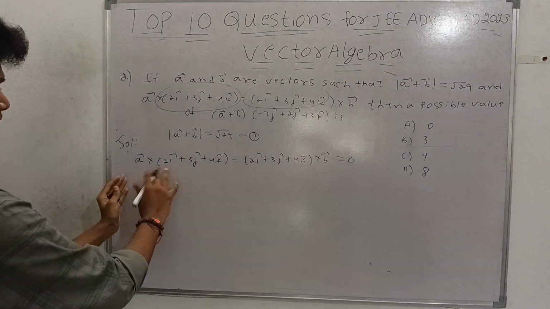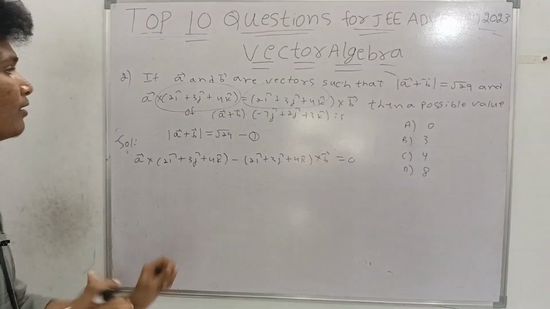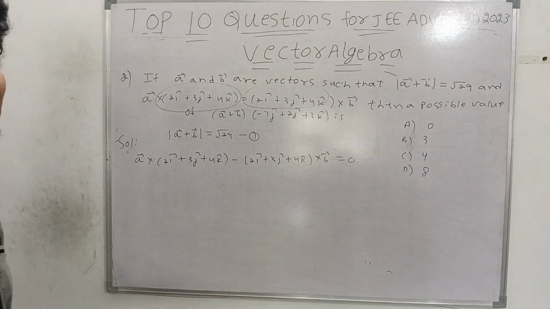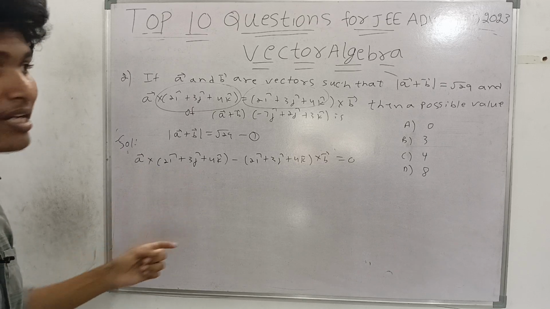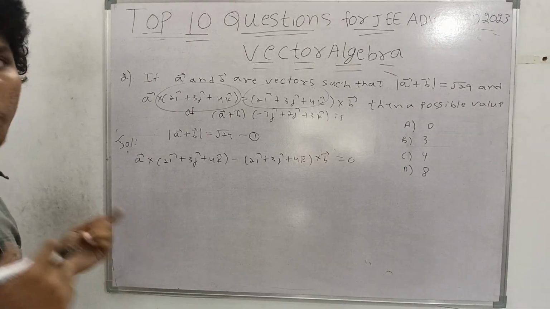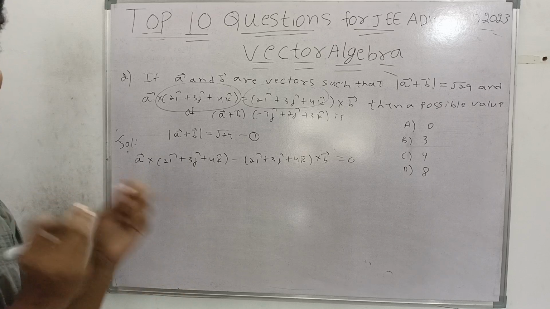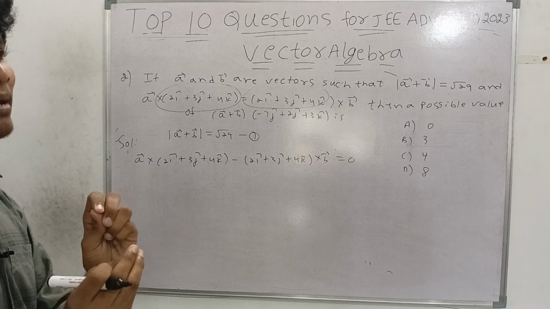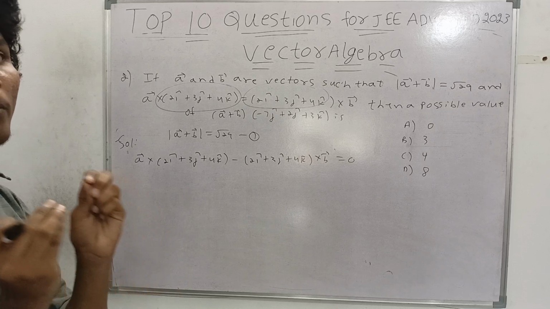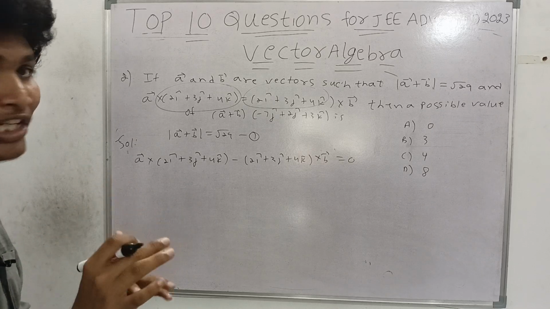Here is a very important thing in vectors, and also in matrices. While you are doing the cross product and dot product, the order is very important. In the dot product there is no need of checking the order, that is a dot b equals b dot a, but a cross b is not equal to b cross a, it is negative.